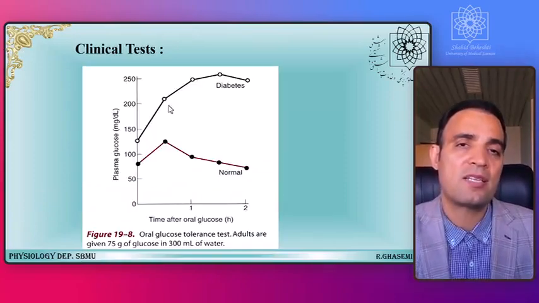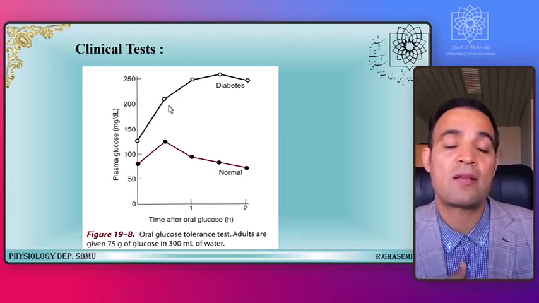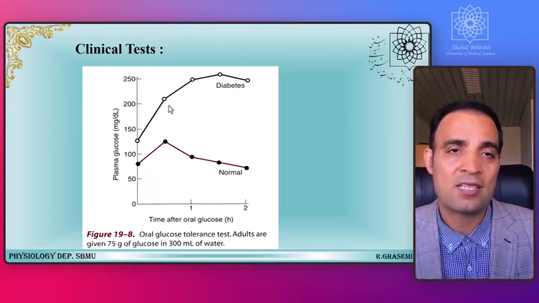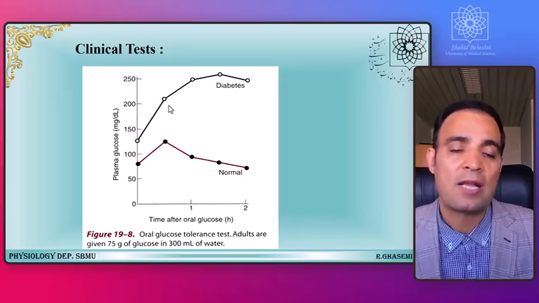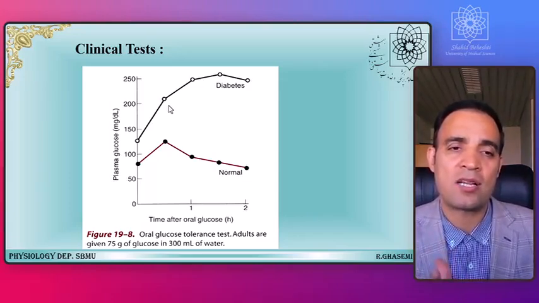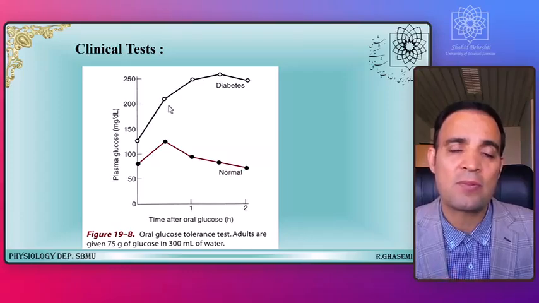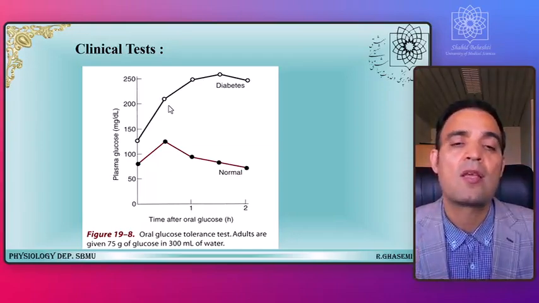One clinical test, as a final slide, that we can use to measure insulin resistance is named the oral glucose tolerance test, OGTT. And this is very easy. Firstly, we measure the glucose and insulin concentration in a fasting state, and then ask the patient to drink a high glucose content.